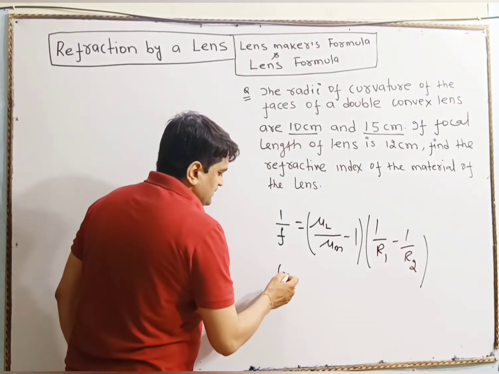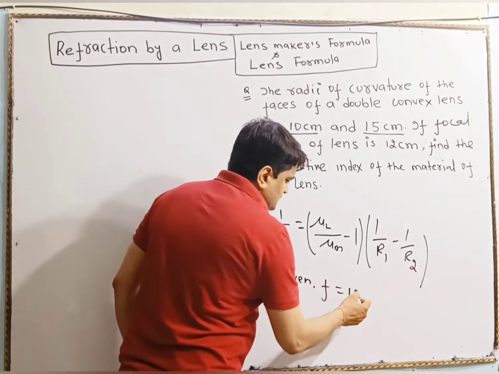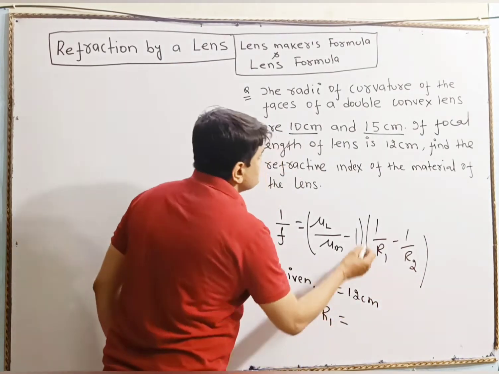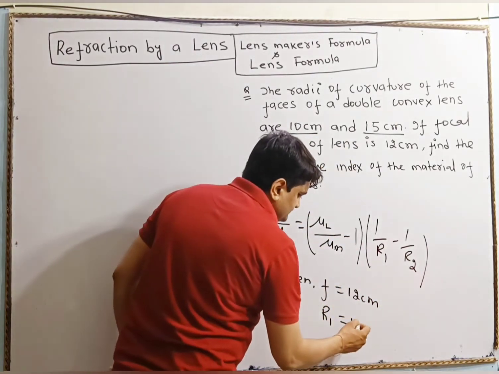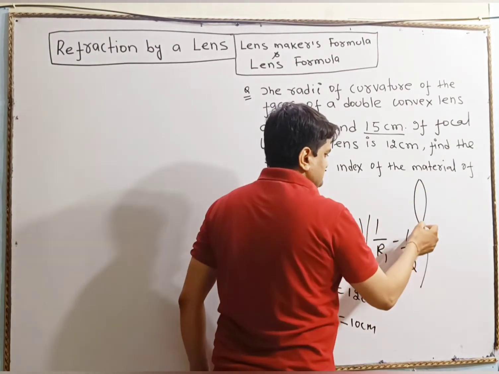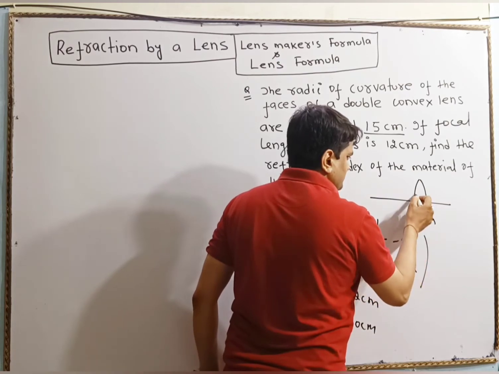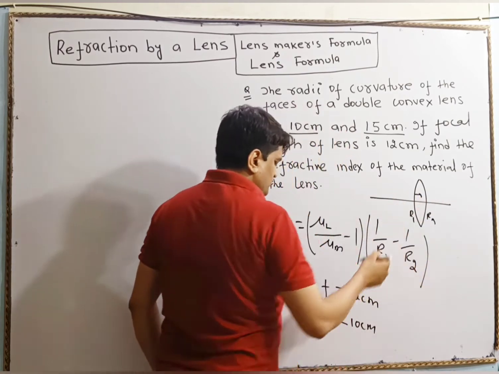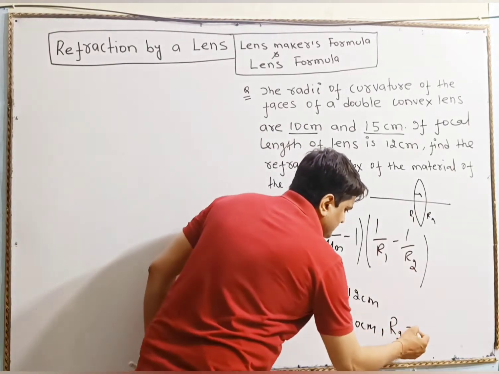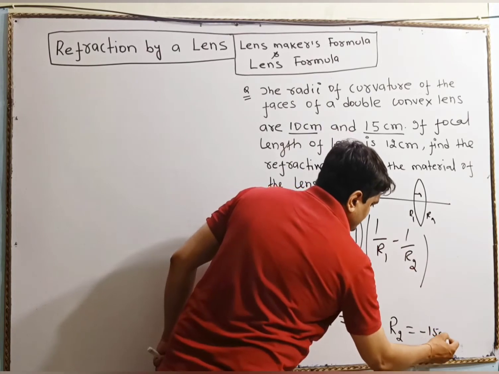Okay. Now the focal length is given, it is 12 centimeter. R1 is given, it is 10 centimeter. And the lens is like this. This is R1 and this is R2. R1 will be positive and R2 will be negative because it is on the left side. So R2 will be minus 15 centimeter.